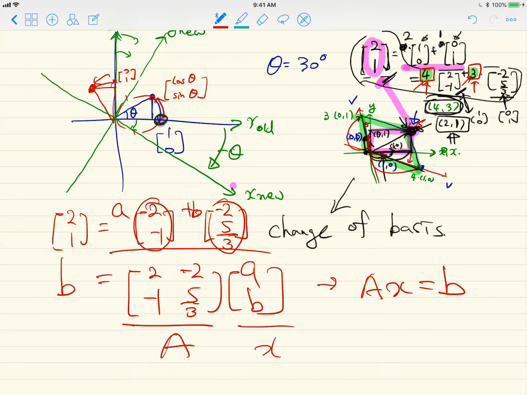So we can view the process of solving the linear system as changing your coordinate systems, okay? Any questions so far?